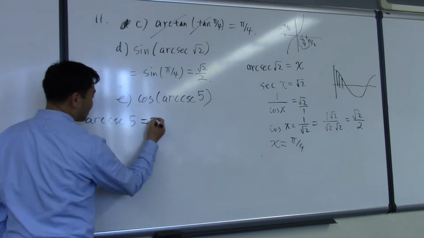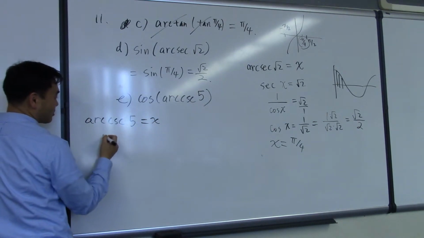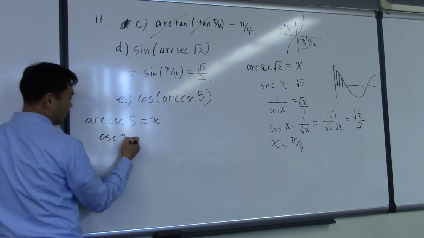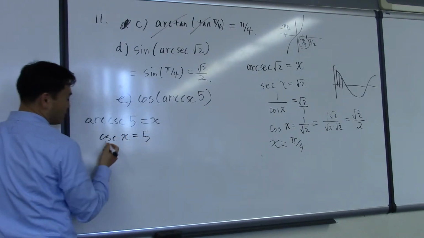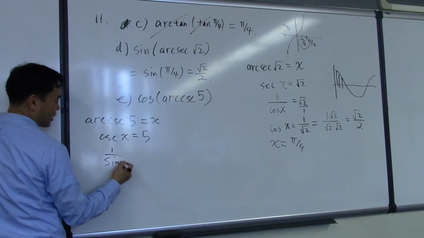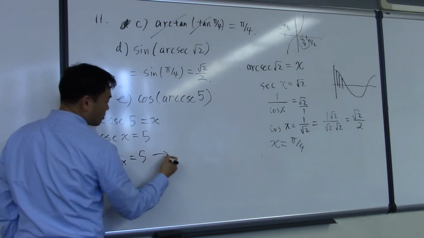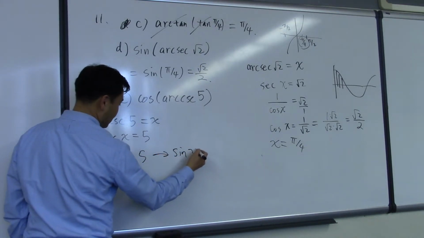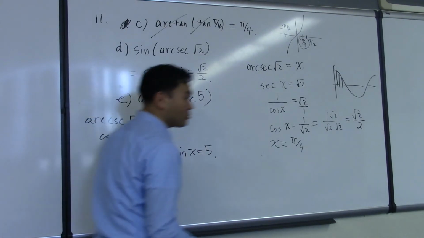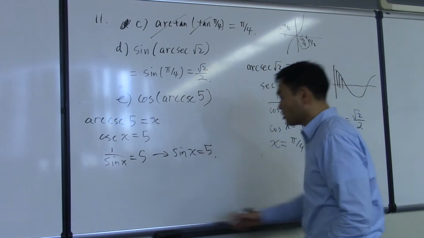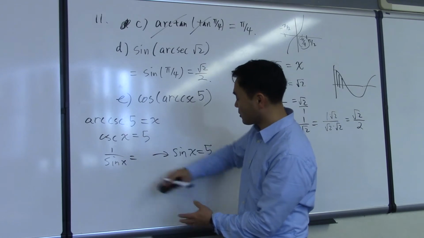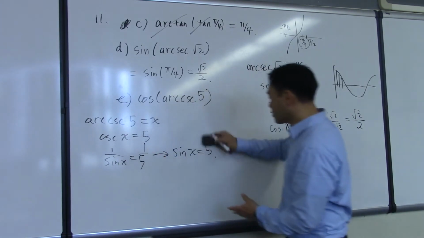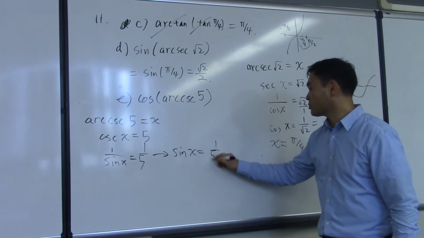See, if you put this as x, now it's slightly different, because if cosecant of x equals 5, which means 1 over sine of x is equal to 5, which means sine of x is equal to... no, I have to take the reciprocal. So we have sine of x equal to 1 over 5.